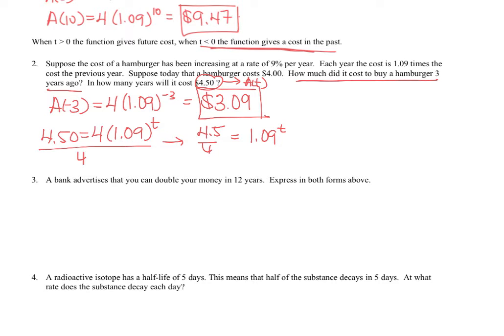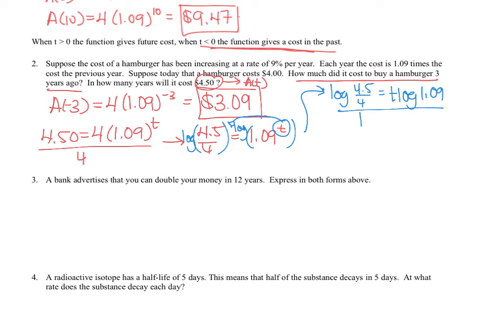So to finish solving this one, I'm going to have to take the common log of both sides. And I'm going to want to write this in a calculator ready form. So we have the log of 4.5 over 4 equals, and I can take my exponent and bring it out in front, so it's t log of 1.09.